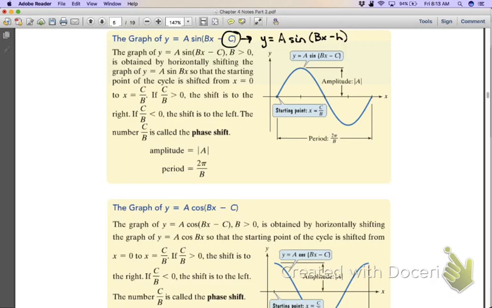The only thing that we're going to do different than what we've done up until now with quadratics, square roots, and absolute value, moving it left and right, is that with this, we are going to divide that value by whatever our B value is.